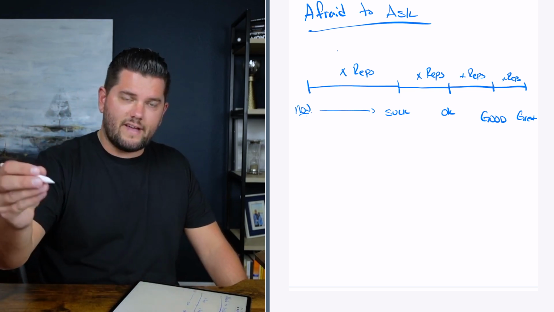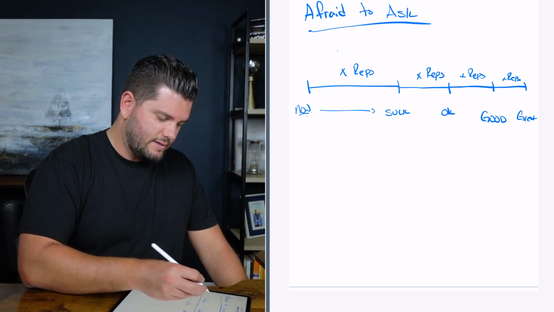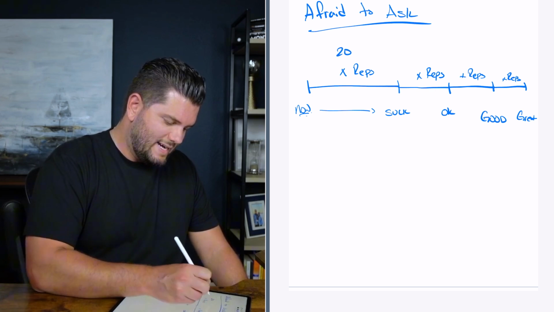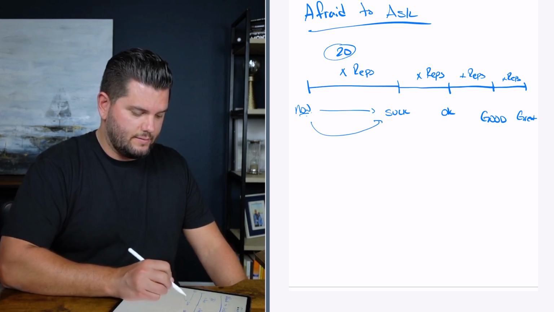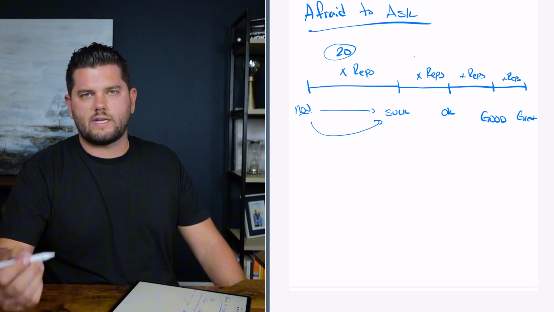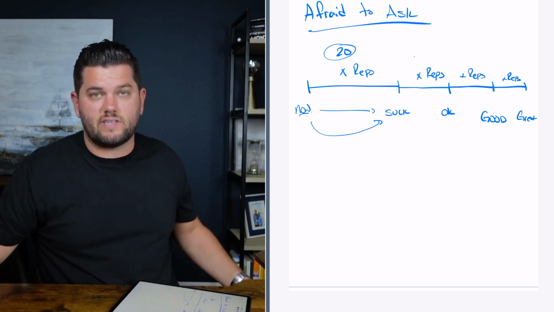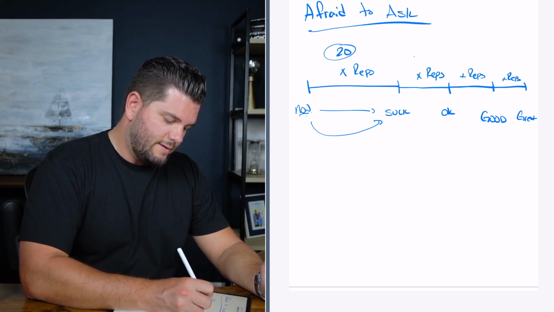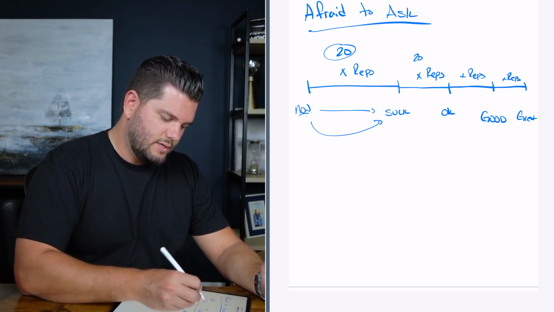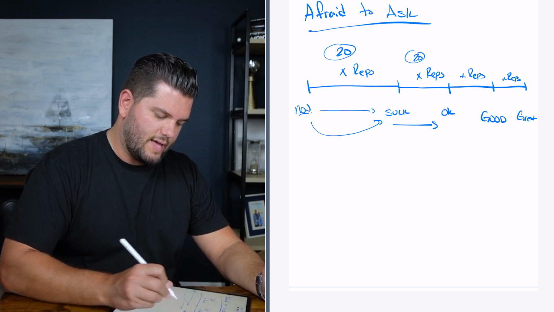But what I have found is somebody has to say it, let's say 20 times or 20 reps, in order to go from not knowing it at all to just sucking at it. Like, you still suck at saying it, but at least you can say it now, right? Then it's probably another 20-ish reps to go from sucking to okay.